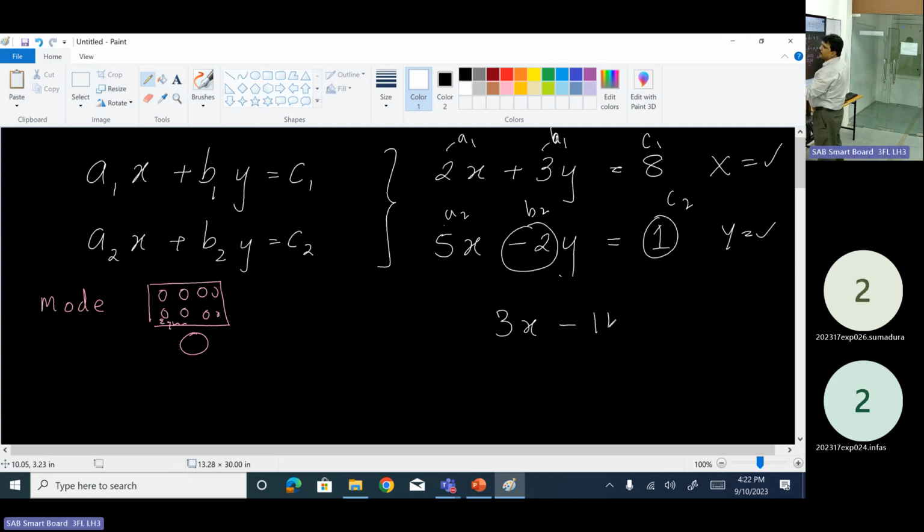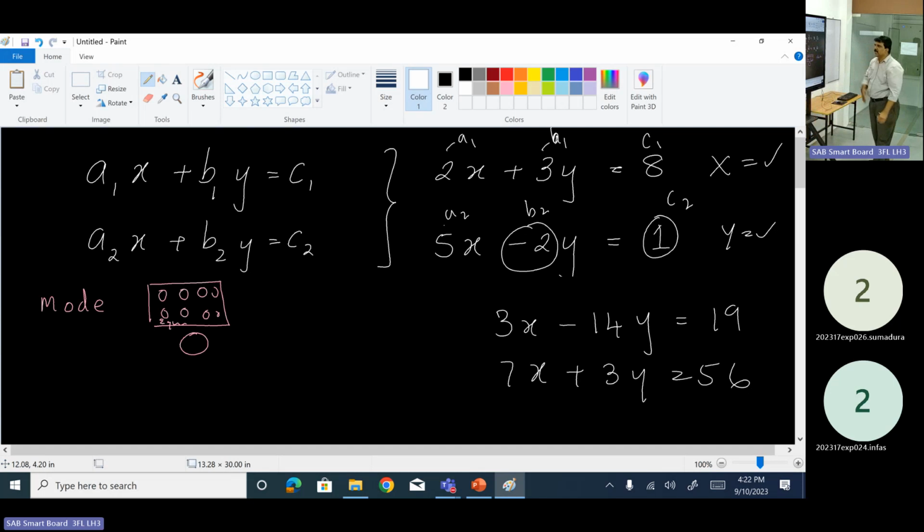dx minus 40y equals 19, 7x plus 3y equals 50. Okay, so have you found that equation? Now go into that and press the equal key.